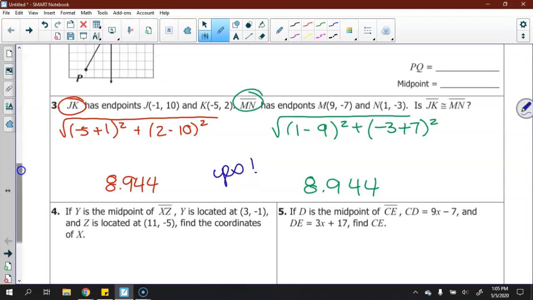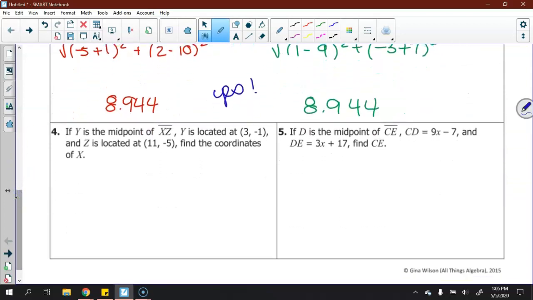All right. The other one I would look at is going to be 5. Let's actually do 4 and 5 real quick. Just because 4 is one of the ones where you have to work backwards. And I know when we did it back in September, people kind of struggled. But at least this way we can kind of see what's going on.